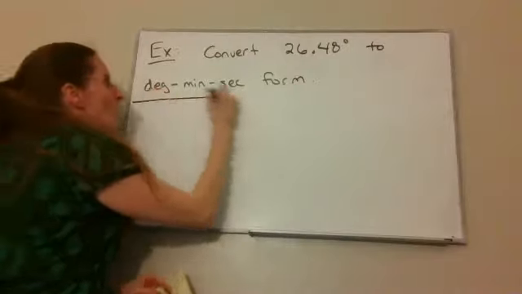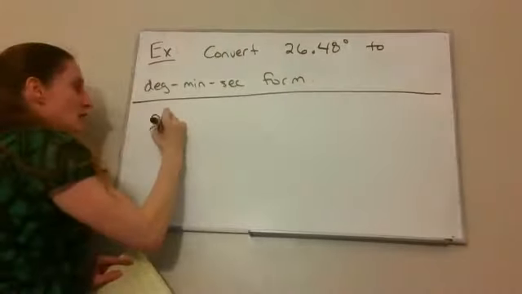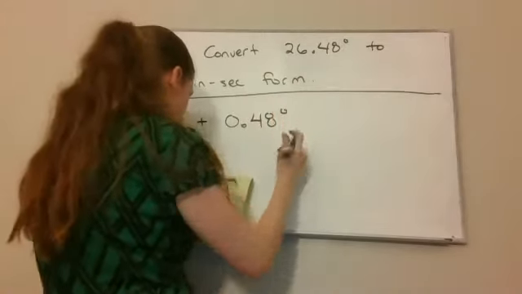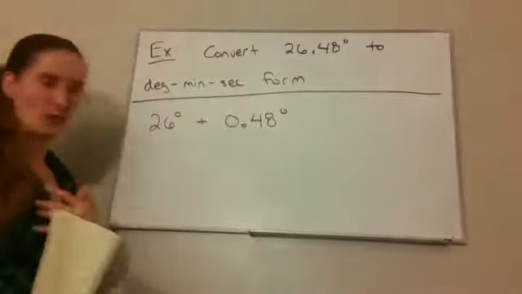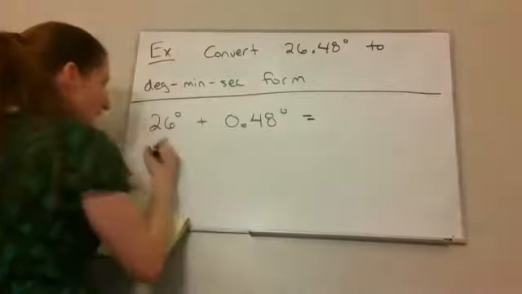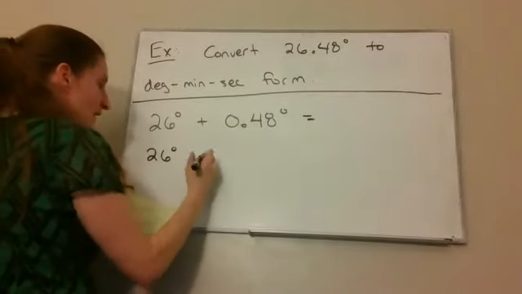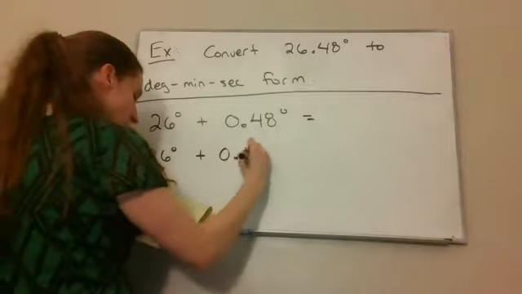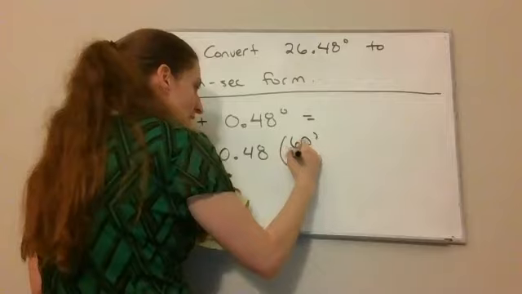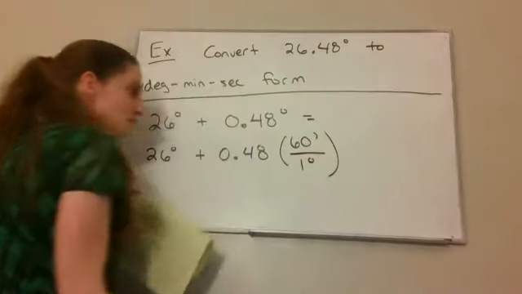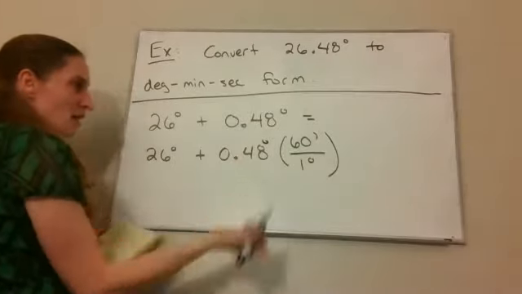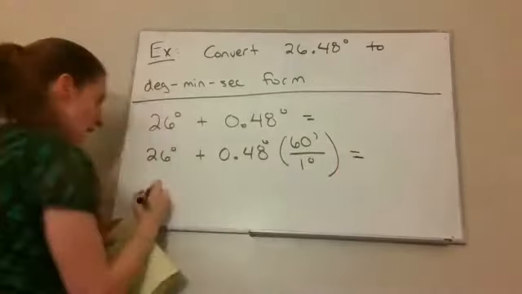What I know so far is I have 26 degrees plus 0.48 degrees. Let's see what 0.48 is in terms of minutes. This is going to be equal to 26 degrees plus 0.48 times my conversion, 60 minutes for every 1 degree. Notice then my degrees would cancel out and this would convert it into minutes.